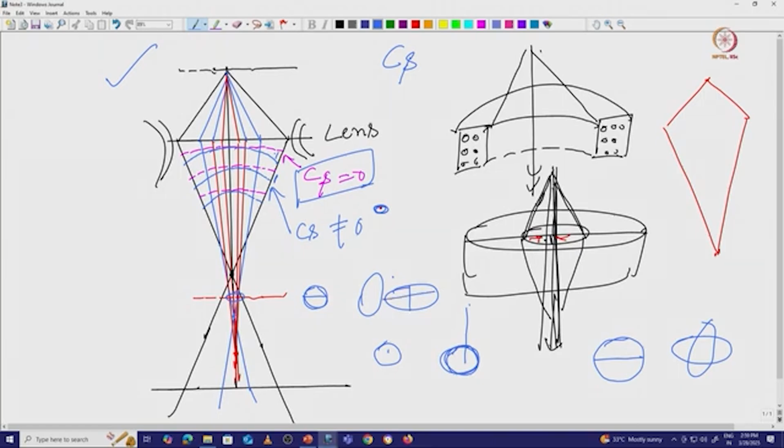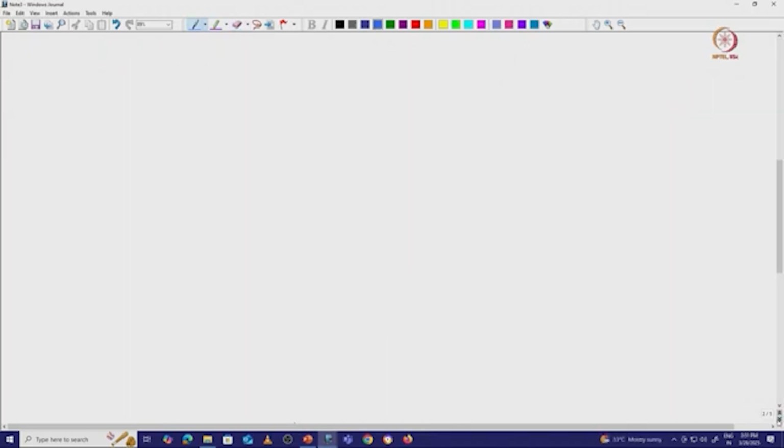So in astigmatism, most of the time we will get an elliptical beam. Let me describe how we can get an elliptical beam. Now we are going to discuss astigmatism.